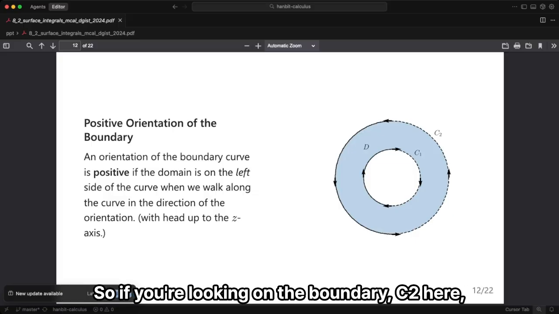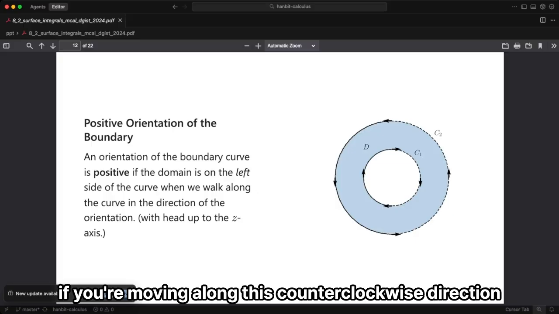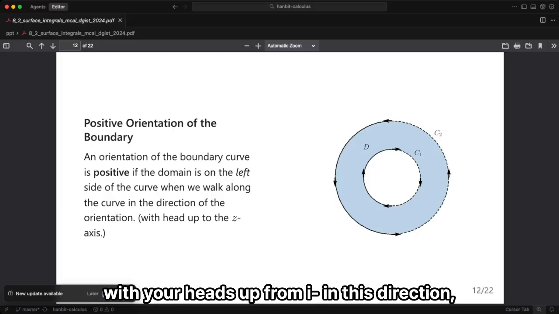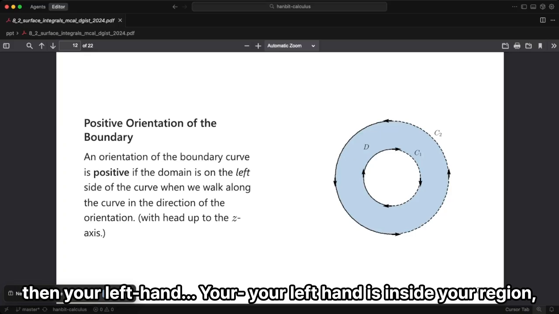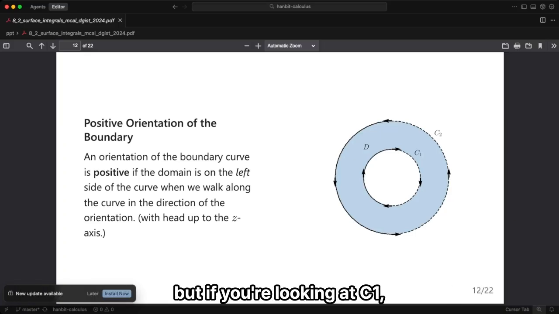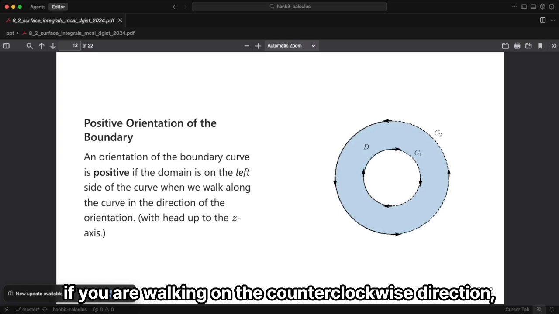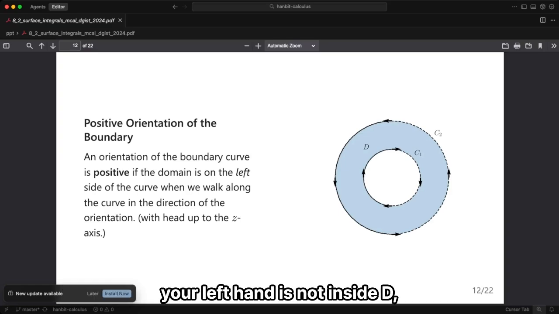If you're looking at the boundary C2 here, if you're moving along this counterclockwise direction with your head up from this direction, then your left hand is inside your region. But if you're looking at C1, if you're walking in the counterclockwise direction, your left hand is not inside D, it's inside here.